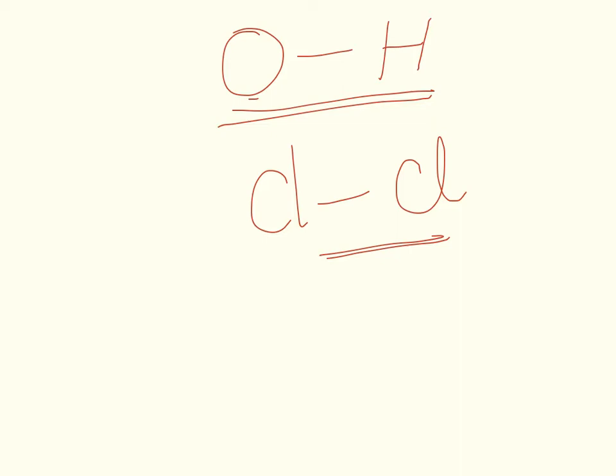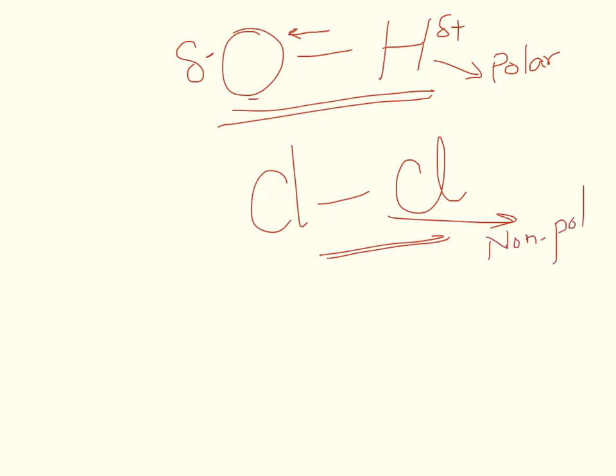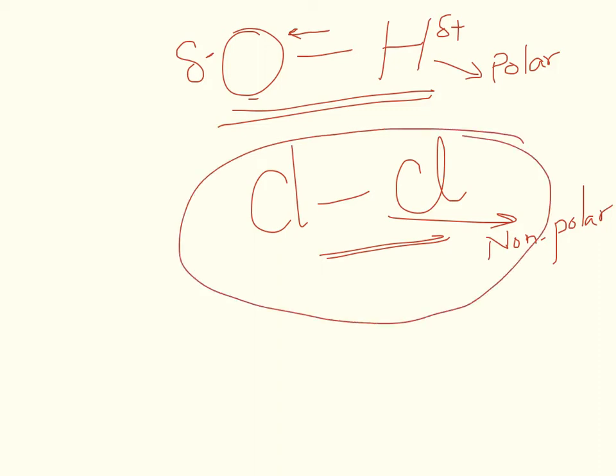There is no polarity in this. In the OH bond, there is a polarity because oxygen is highly electronegative, so it will attract these electrons towards itself, and hydrogen will get a delta positive. So this is a polar bond, and this one is a non-polar bond. There is no polarity in this, no separation of positive and negative charges in this bond.